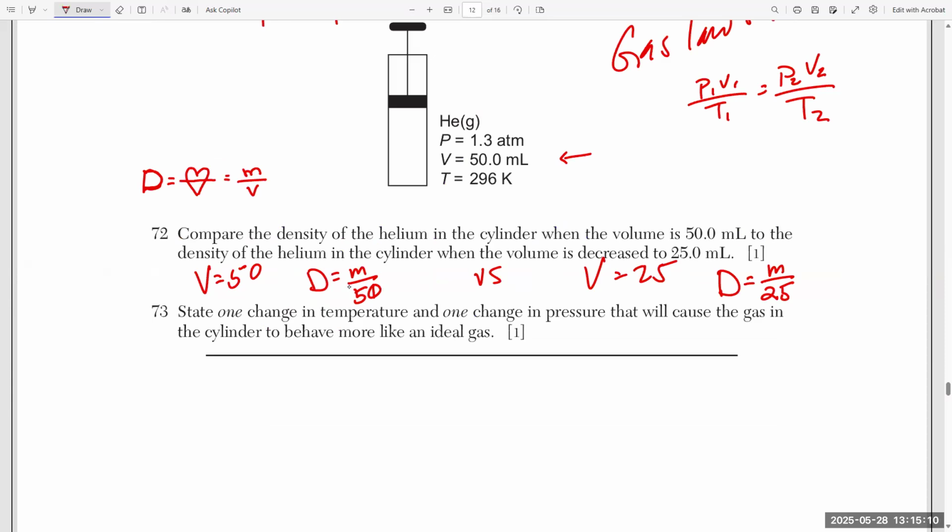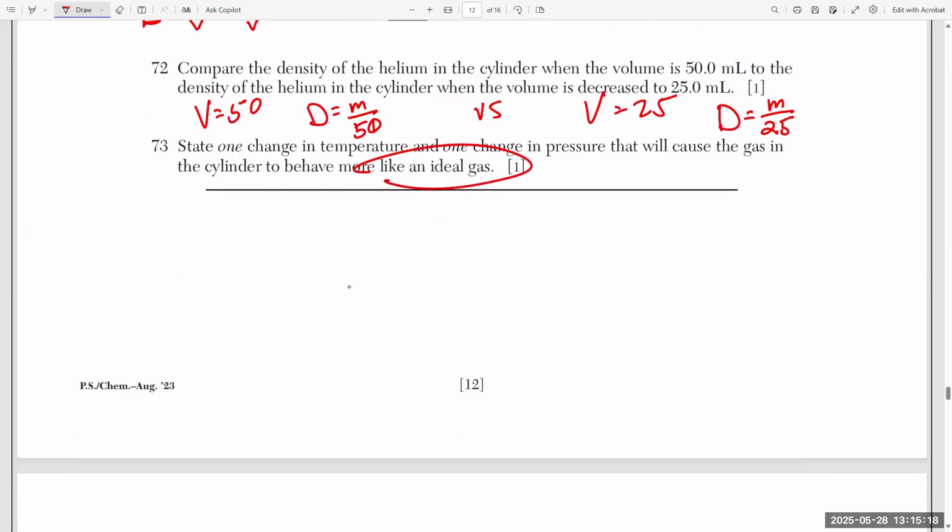Go to 73. State one change in temperature and one change in pressure that will cause gas in the cylinder to behave more like an ideal gas. All right, so this is definition. Remember ideal gas? Ideal gases do not interact with each other. So how do you make real gases do that? We need to separate them.